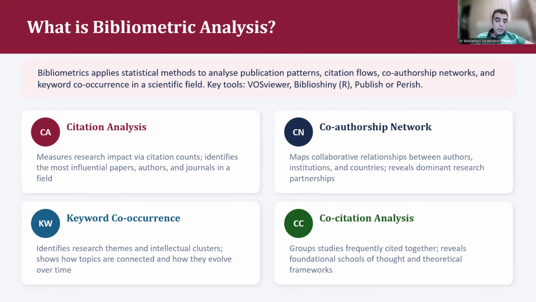Last but not least, keywords co-occurrence identifies the research themes and clusters, and shows how topics are connected and how they evolve over time. So all these directions teach us how to understand the diagrams. And then lastly, the co-citation analysis frequently shows how topic studies are cited together and linked together.